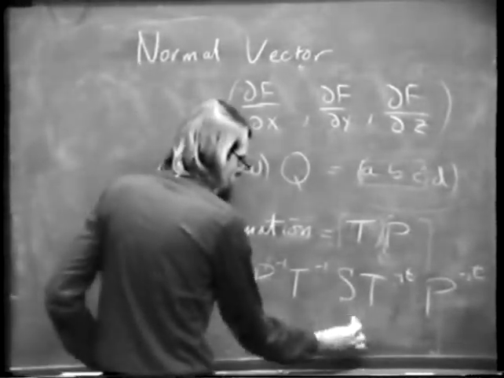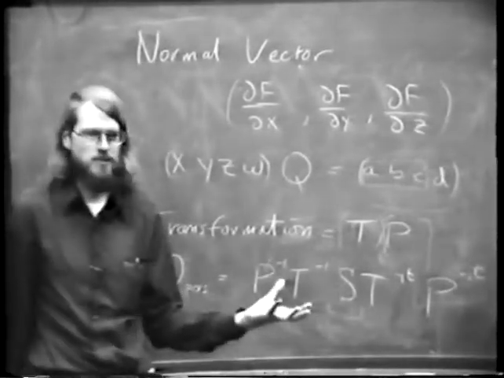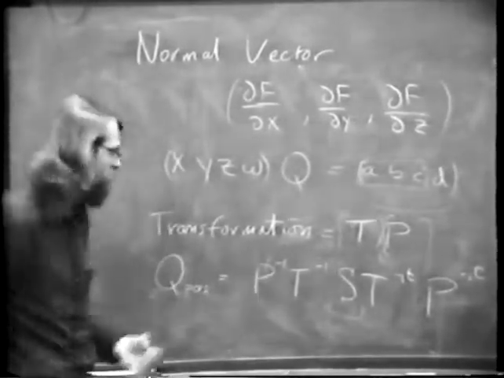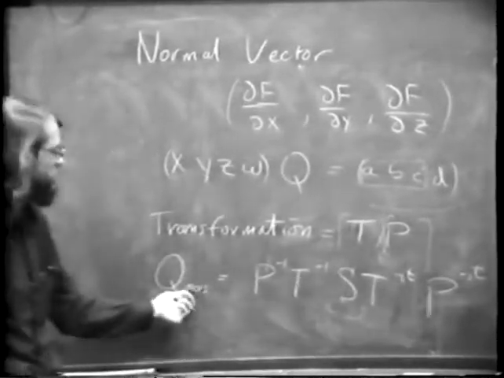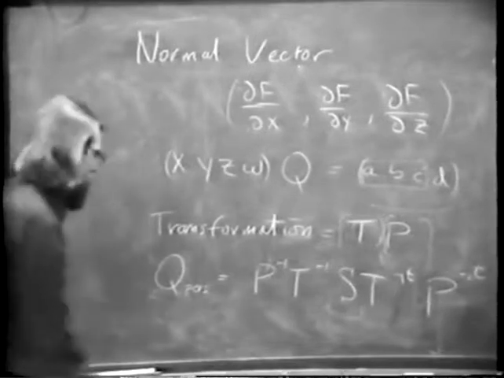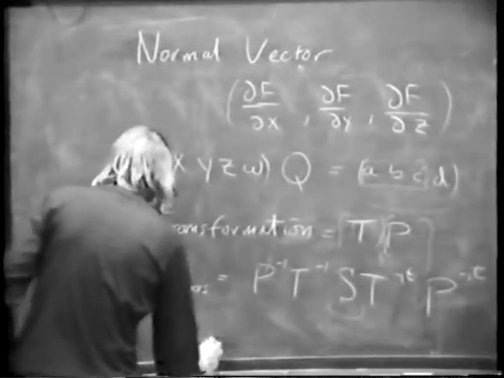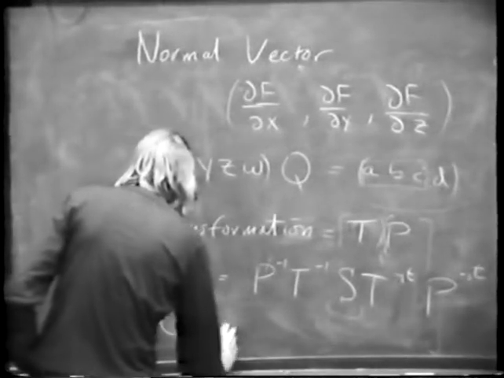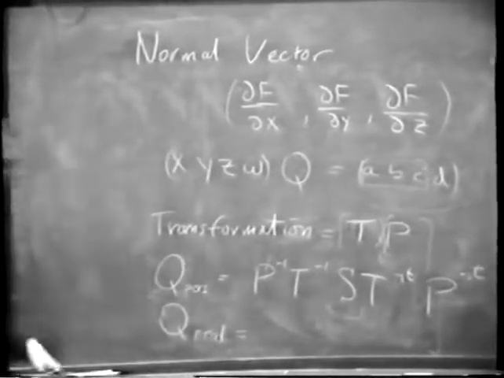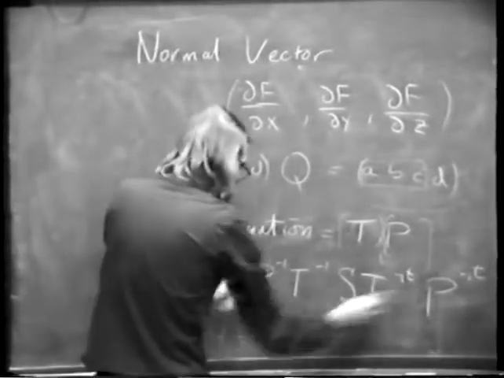S here is the primitive matrix, which represents, say, a unit sphere or whatever primitive function you're doing. And then PT, so forth, like this, transforms it into perspective space. This is what we did before. The Q in the real space that we're going to do the normal vectors in is the same thing without the P's on.